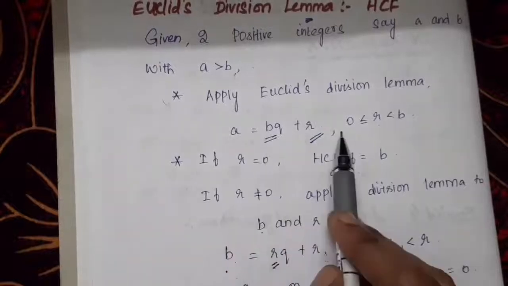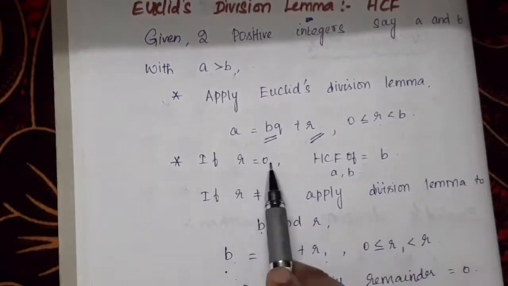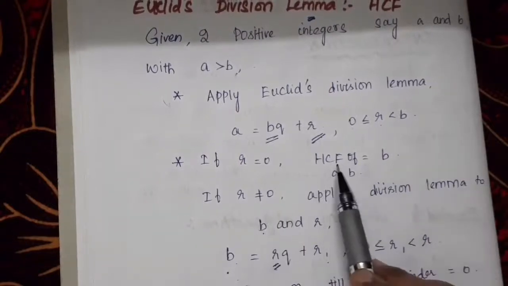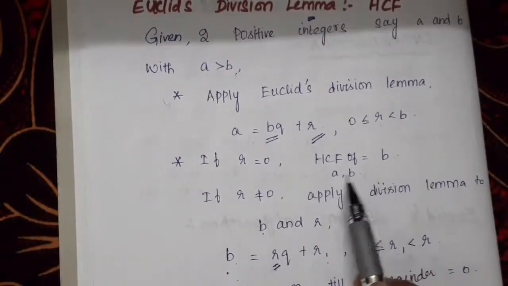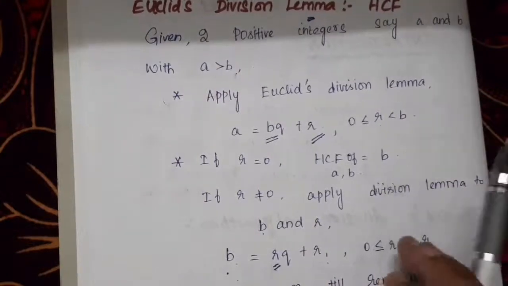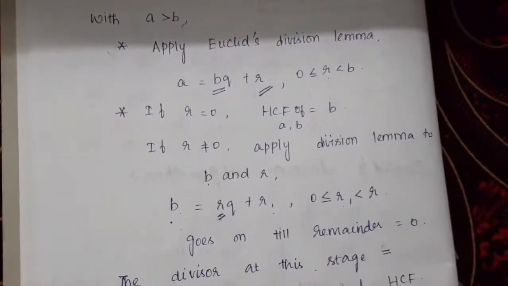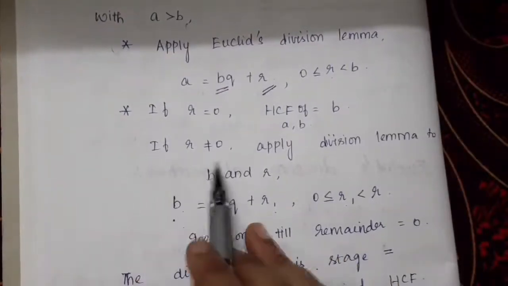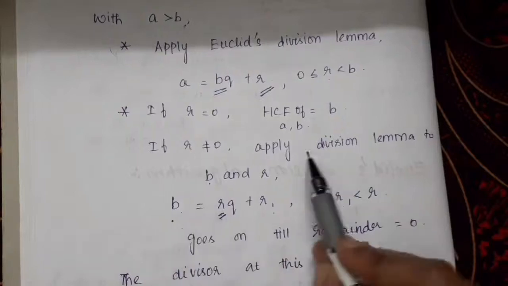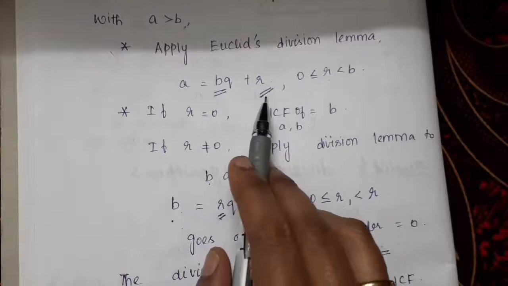In the first step, if you are getting r equal to 0, then the highest common factor of the two given numbers a and b will be equal to b. Or else, you have to apply the division lemma again. That is, if r is not equal to 0, we apply the division lemma again to b and r.